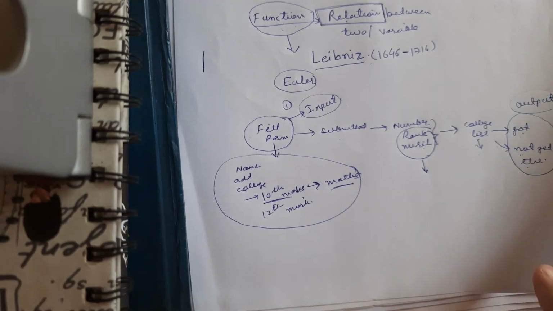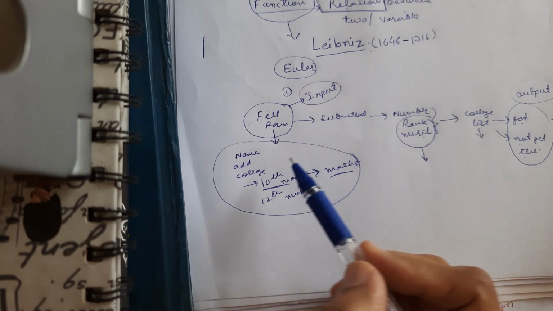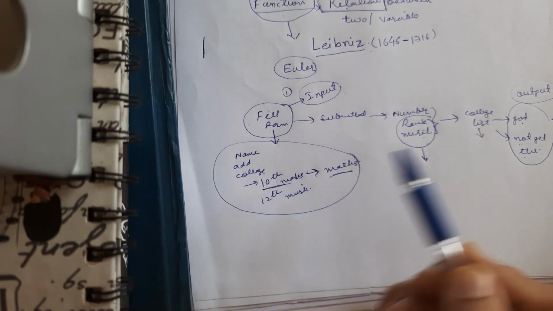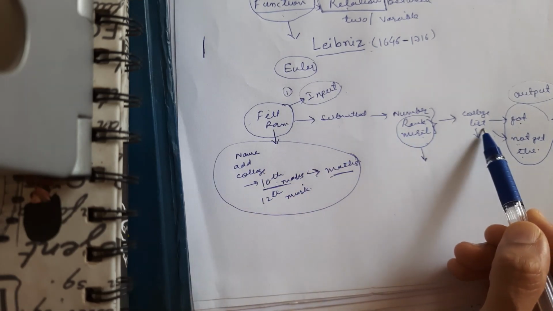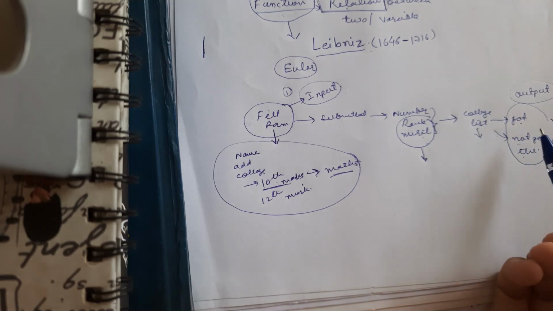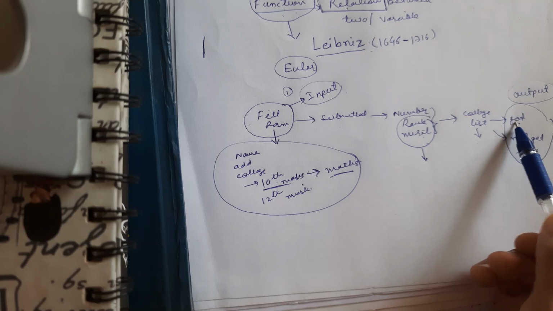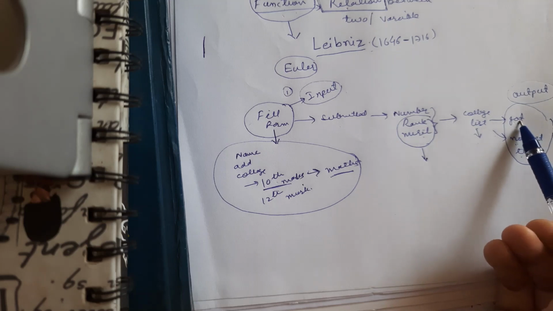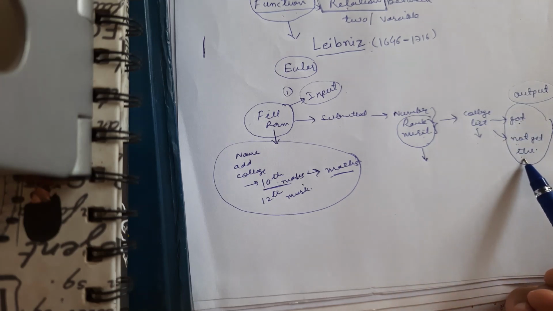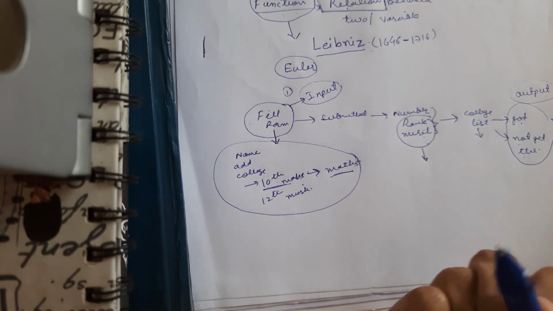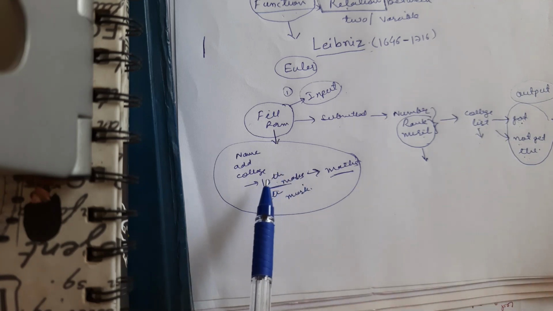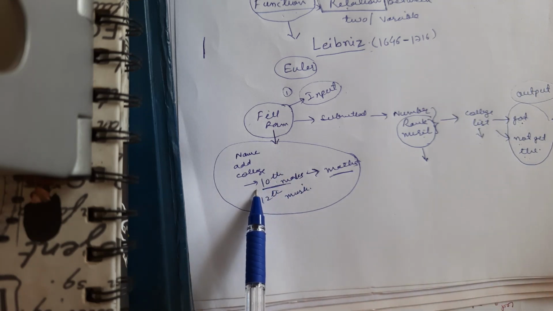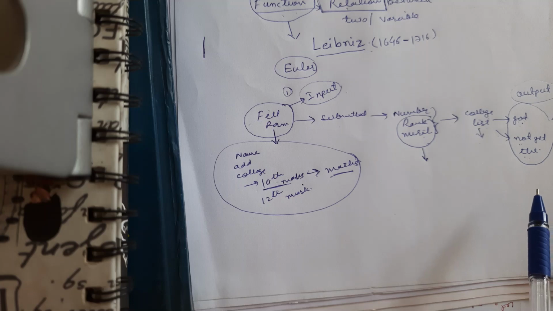That makes sense, right? Suppose I have filled in the marks, followed all the procedure, and at the end on my admit card I am told that I got the college as well as I did not get the college. This is not possible, right? Either I am going to get the college or not going to get the college. So exactly one output from exactly one input. Okay, so this is a function.